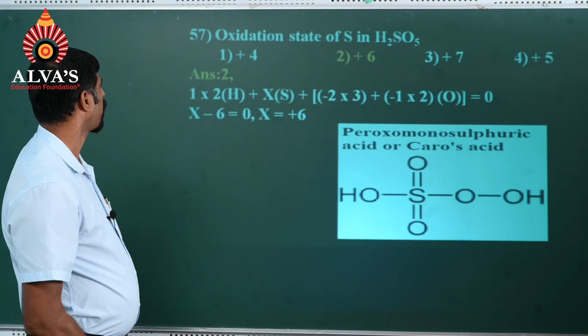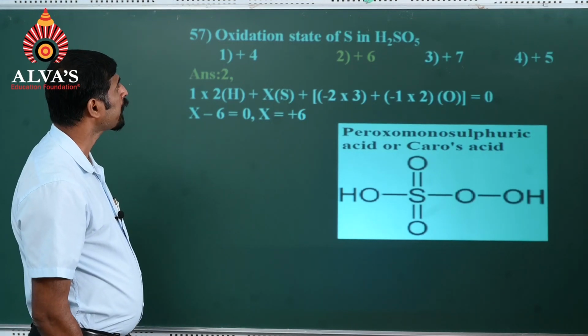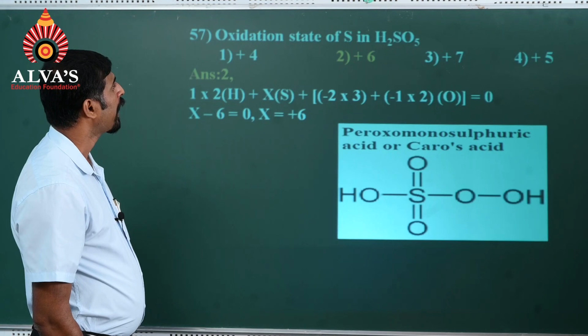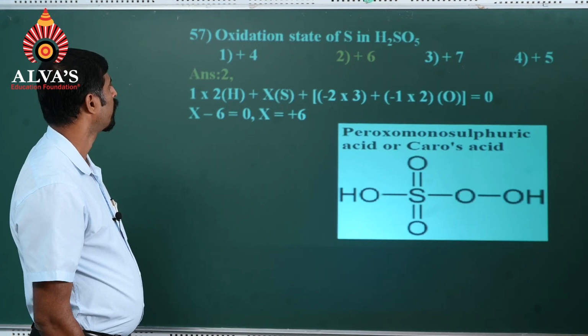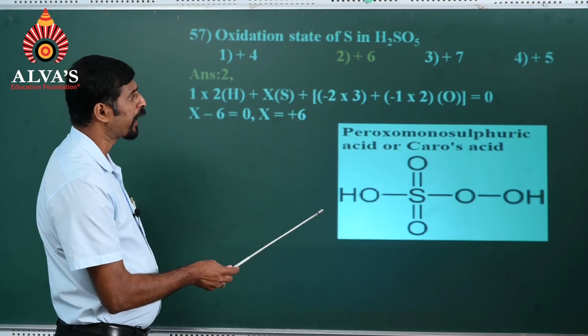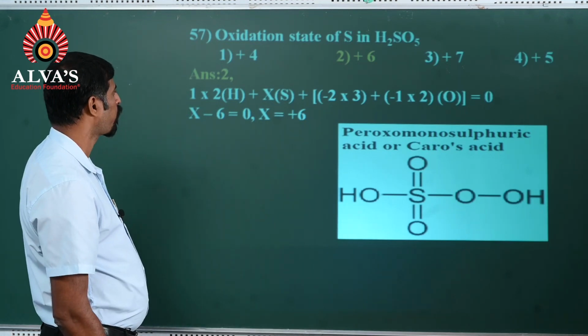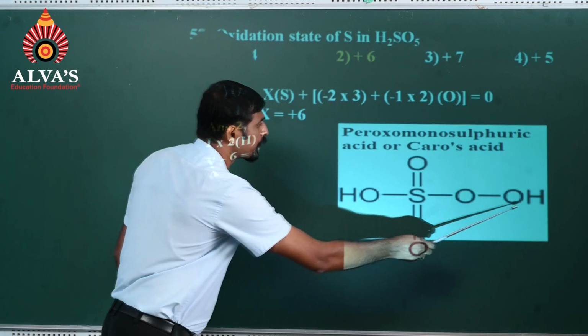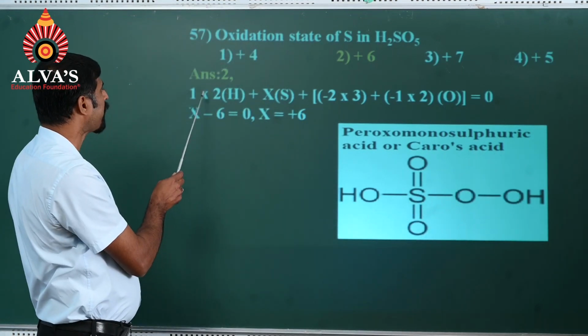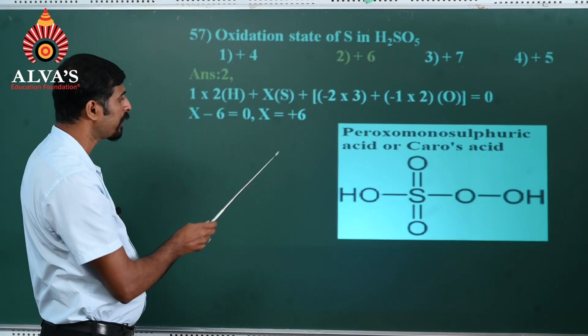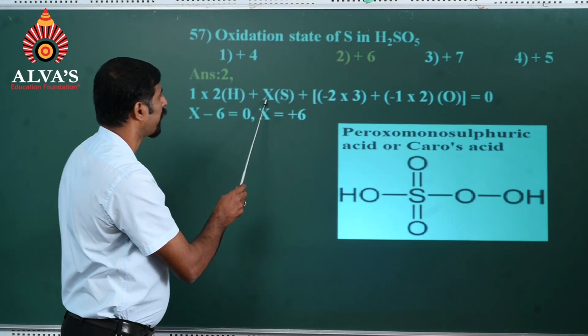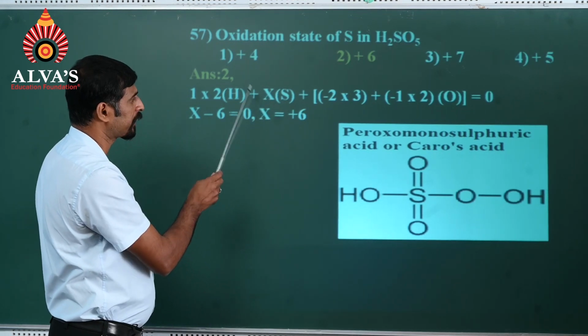Next we'll move on to question number 57. Oxidation state of sulfur in H2SO5. Now see the structure of H2SO5. So this is the structure of H2SO5. Now 2 hydrogens are present, therefore +1 into 2 for hydrogen. Sulfur is X, we don't know the oxidation state.